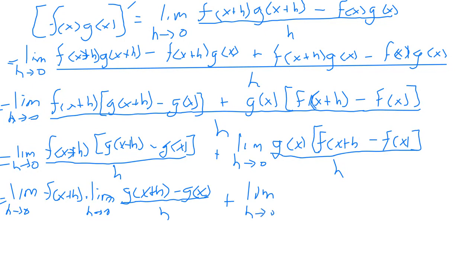Could take g of x out because there's no h, but I'll just leave it there, times the limit as h tends to 0 of f of x plus h minus f of x all over h.